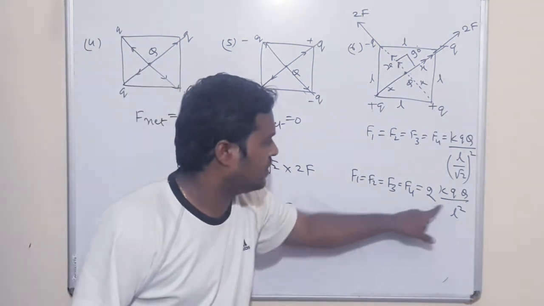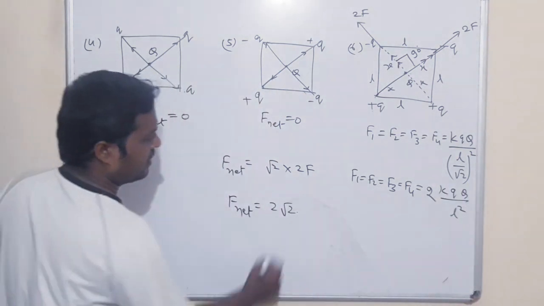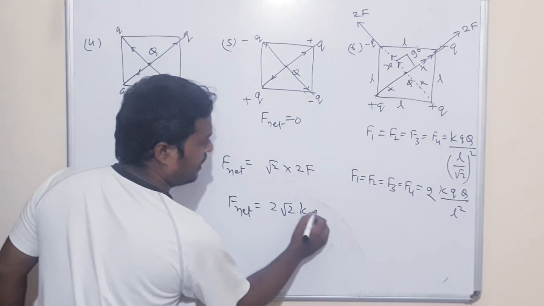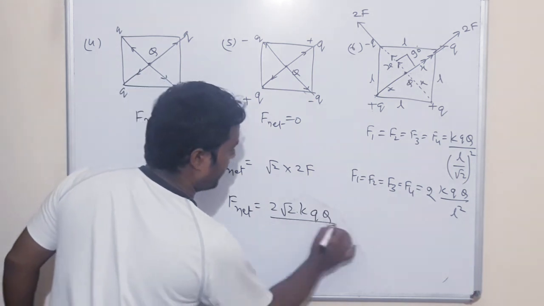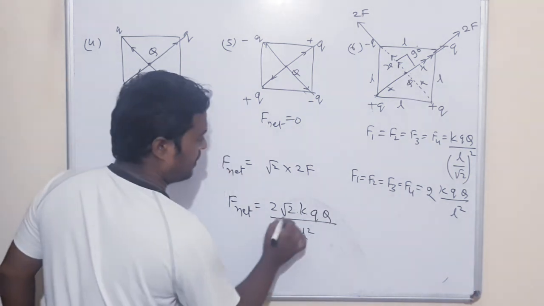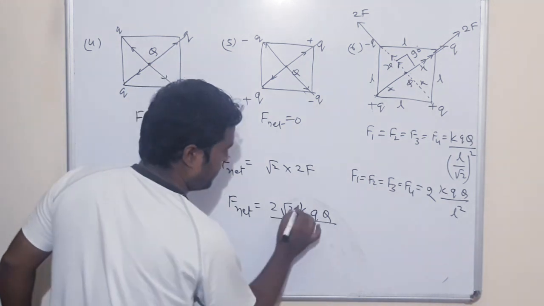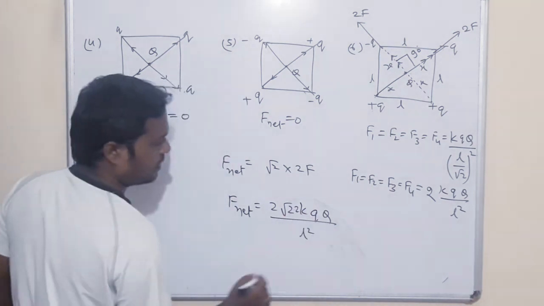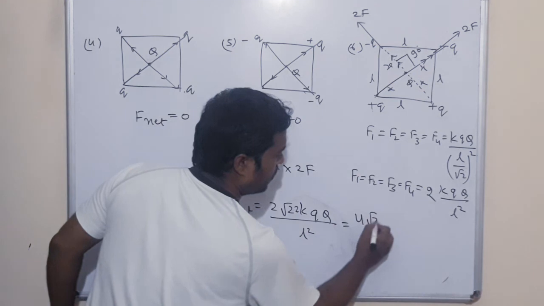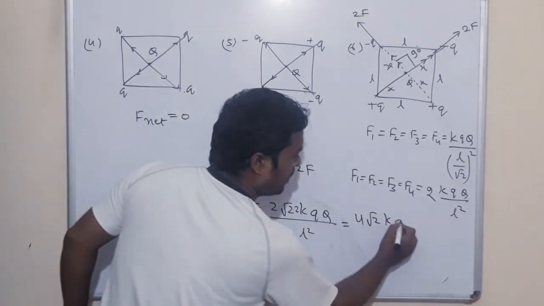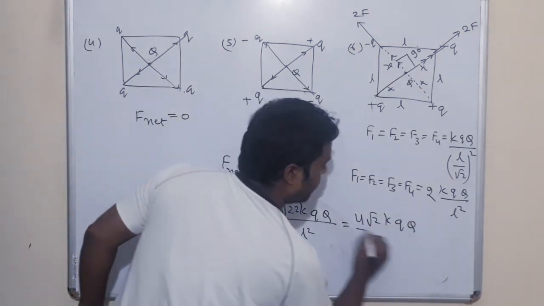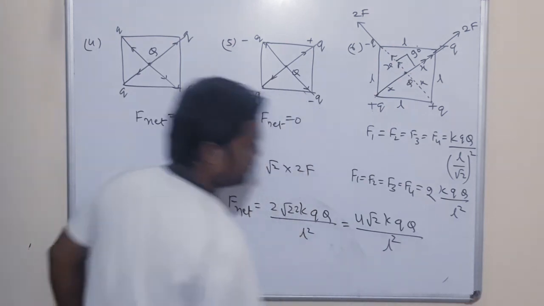What is F? All the forces are equal, same. F is kqQ divided by L square. This is 2 times, no? This is 2. Then overall will be equal to 4 root 2 k small q capital Q divided by L square.